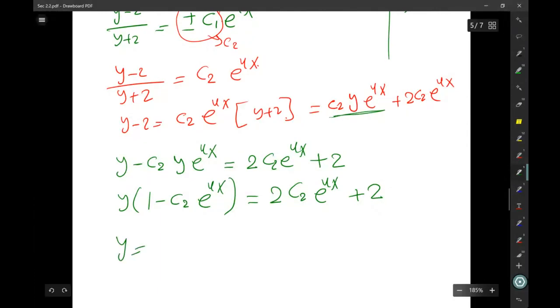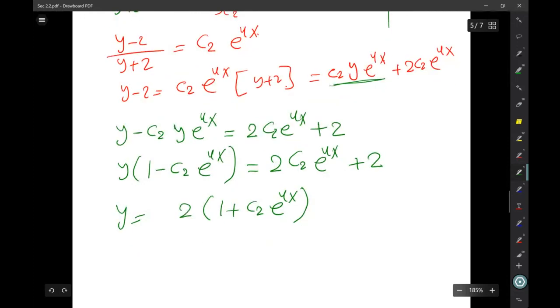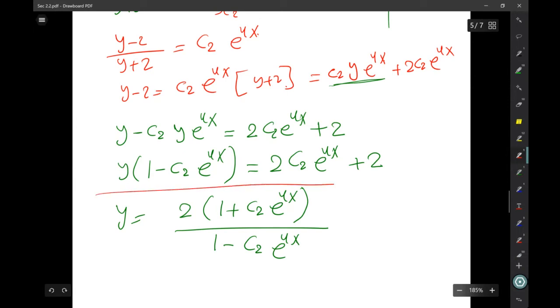Divide both sides, it becomes y is equal to 2 times 1 plus c2 e to the power 4x, here I took 2 as a common factor, divided by 1 minus c2 e to the power 4x. So this is the final solution I have.